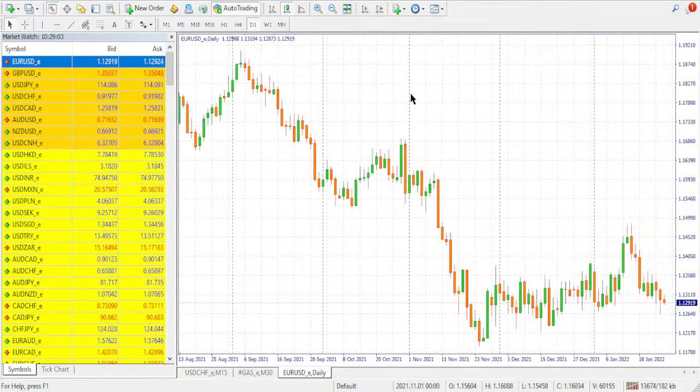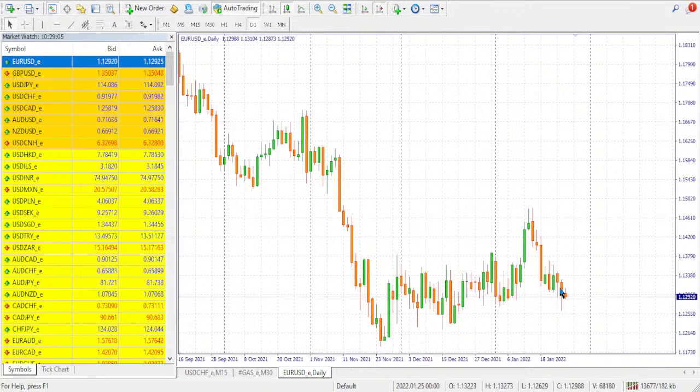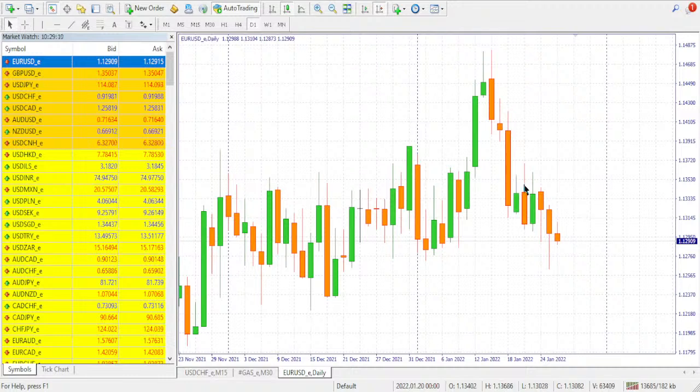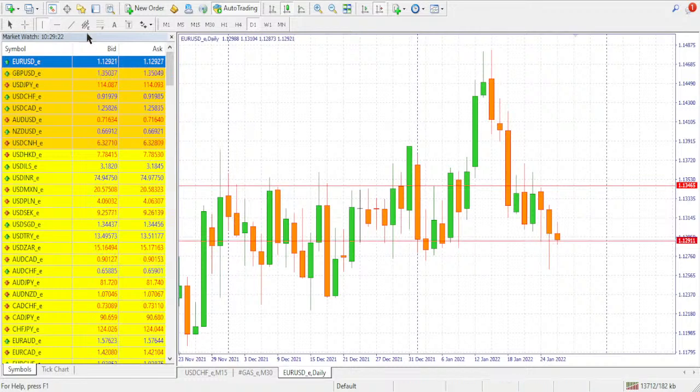So assuming this is yesterday's candle, we have the high here, and then we have the low of this candle. Technically, I'm referring to this candle here, the one where I'm having this vertical line.